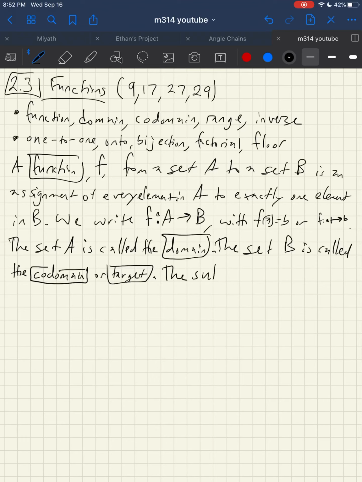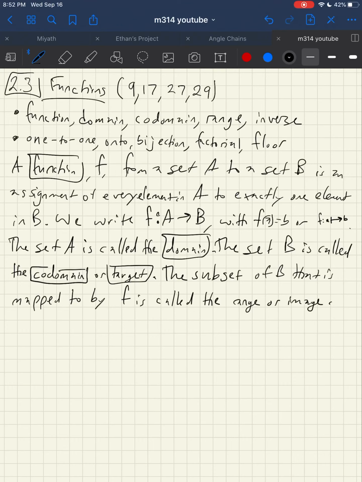The subset, and some of you are like, wait, he meant range. He misspelled range. No, the subset of B that is mapped to by f is called the codomain. Sorry, not the codomain. It's the whole point I'm trying to make. Is called the range or image of f.